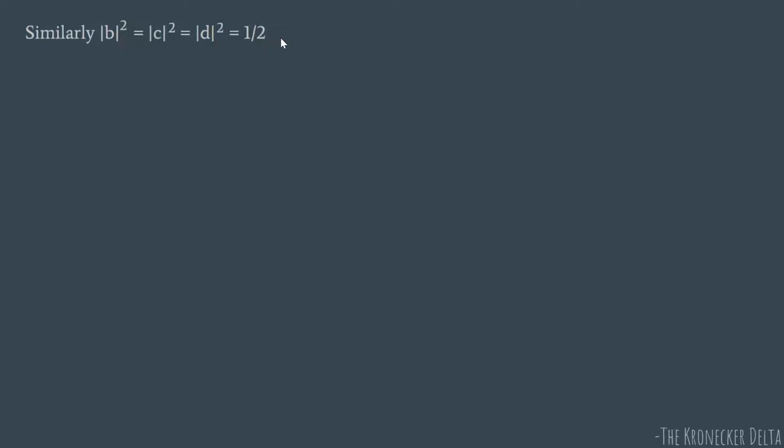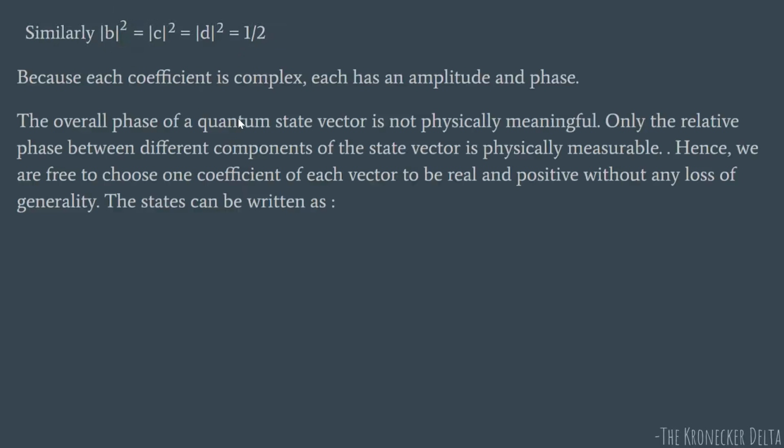But we know that a, b, c, d, these are complex numbers. Complex numbers have amplitude as well as a phase. So merely knowing the norm square isn't going to suffice, right? One important thing that will help us out here is that the overall phase of any quantum vector is not physically meaningful.